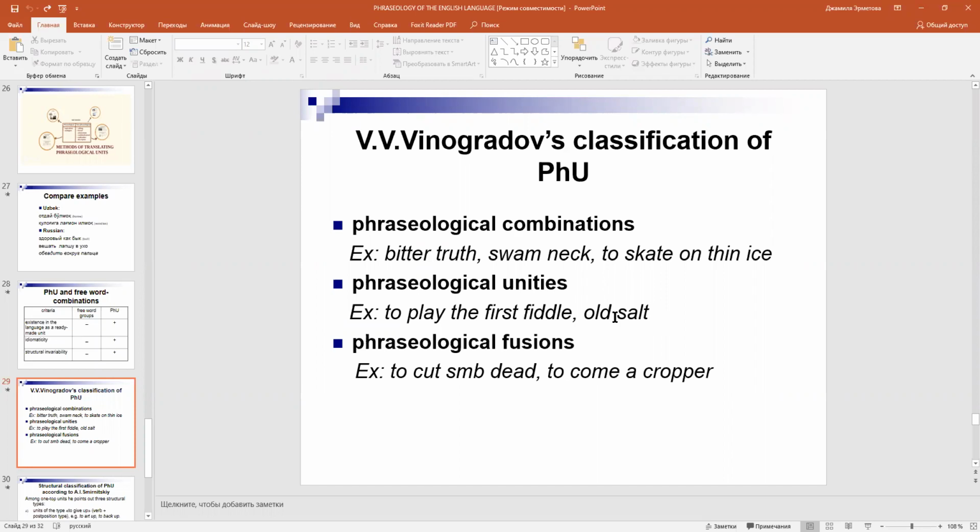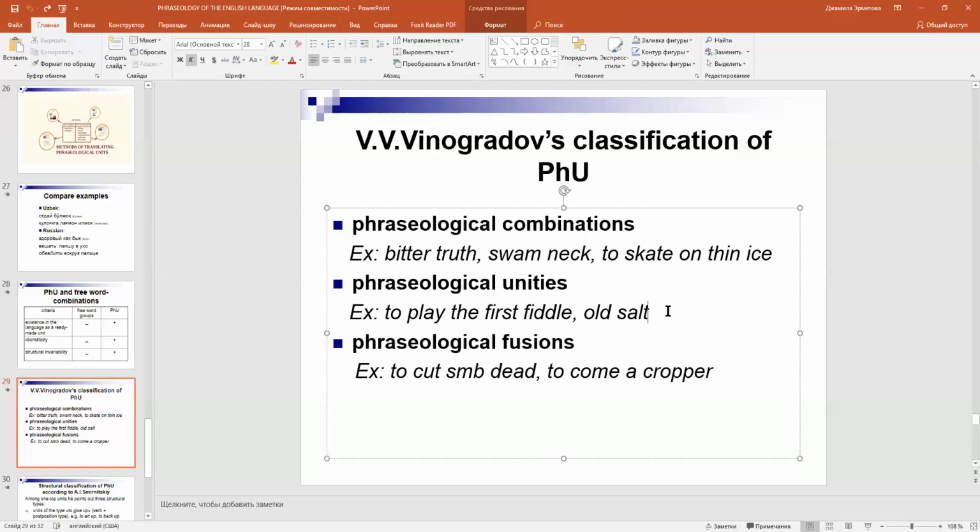It means a very experienced sailor. Who is a sailor? You know, sailors work in big ships or boats which sail in the sea. You know, the water of the sea is very salty. According to this component, the phraseological unit old salt appeared.